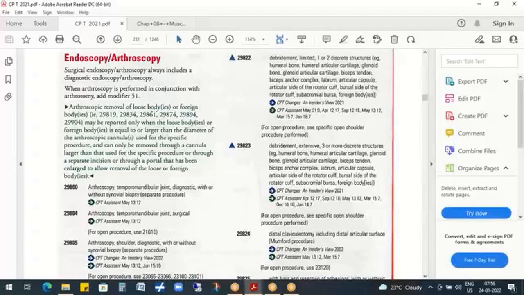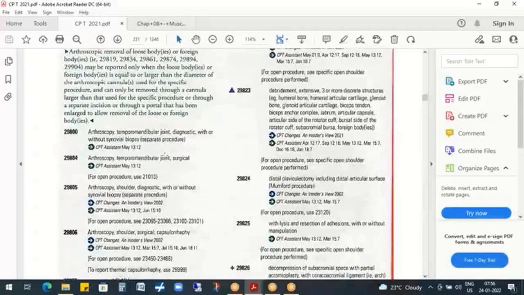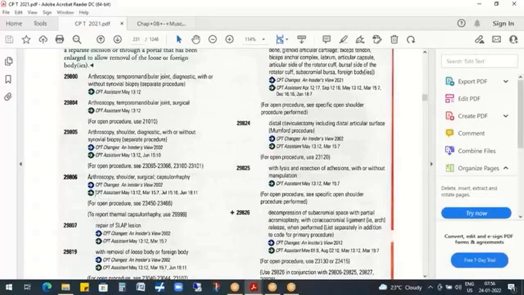Yes, sir. Okay. Arthroscopy, visual examination of joint in the shoulder. Mark the important codes. 29806, capsule repair. 29807. 29826.